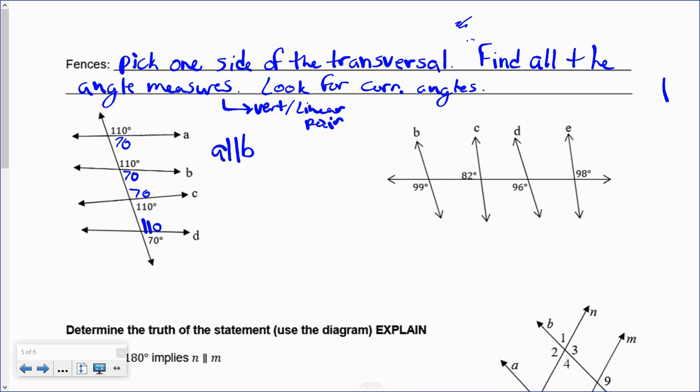You just say corresponding angles are congruent, or you can state the converse of the theorem. So I know that A and B are parallel. What else? Do you see any other corresponding angles? B and D. You see B and D have the top right corner are 110. So B would be parallel to D.